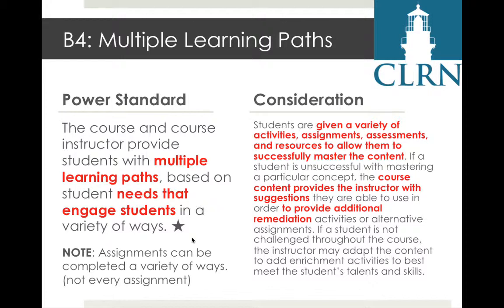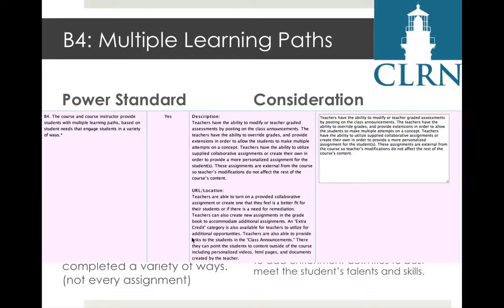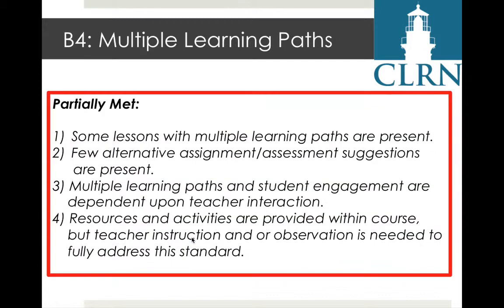Other courses will provide a variety of assignments to students, allowing them to select among them. Publishers provide both a description and either the location or URL where we can find the additional learning materials. We provide you a variety of possible comments if standard B4 is partially met. Select among these, or customize one to provide any comment.